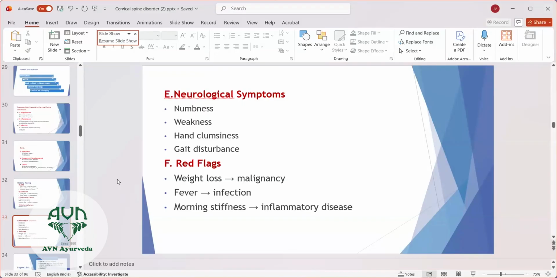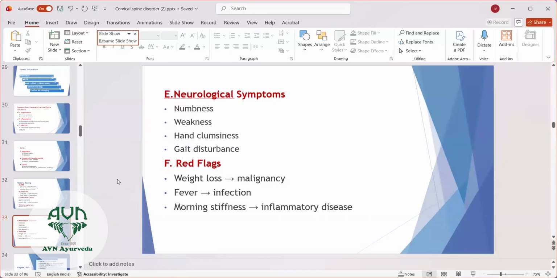Morning stiffness we usually see in ankylosing spondylitis, where movements will reduce the pain. In the lower level also we can see early morning stiffness, and while the patient moves, activities will reduce the pain.